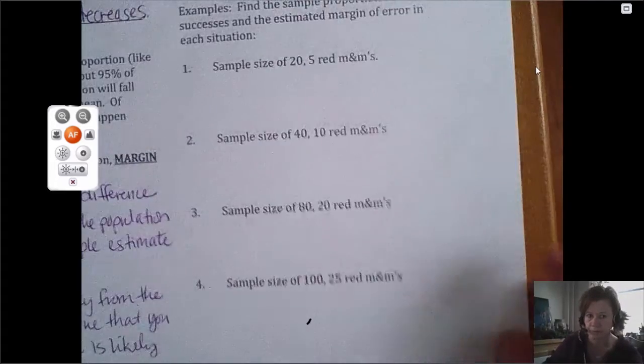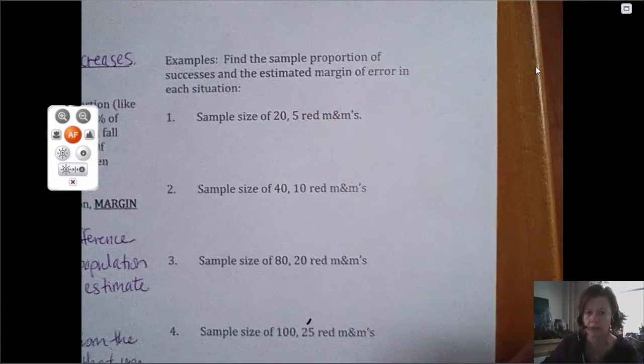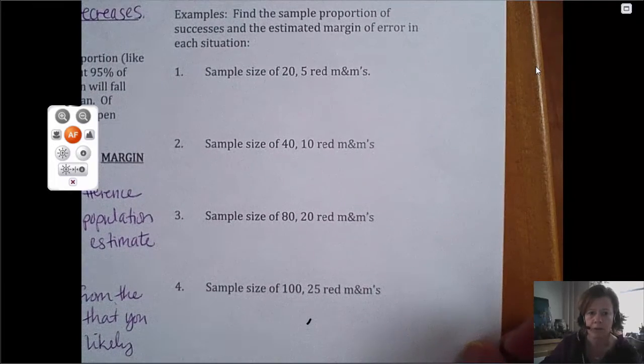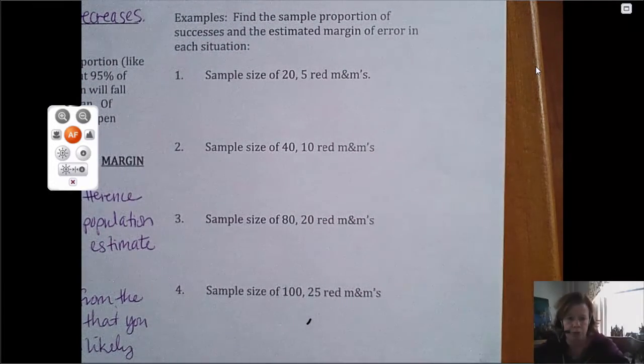So again, let's think about our M&Ms. We're going to find the sample proportion of successes and the estimated margin of error for each of these situations. So let's say we take 20 M&Ms and we get 5.